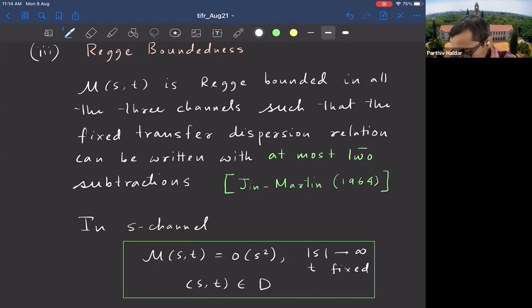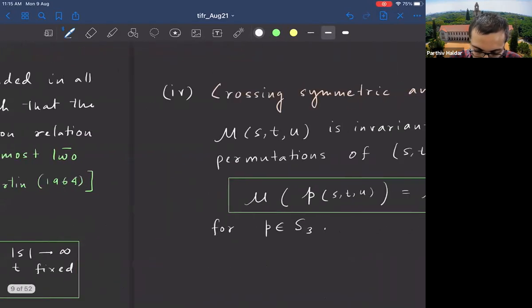But t fixed need not be the physical t. It's valid for any t within the domain of analyticity, and in fact also for complex t within the axiomatic domain of analyticity, as I will call it from time to time. In recent times, I think this is being plotted as like the chaos bound or something like that.